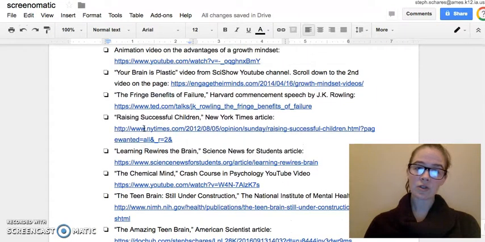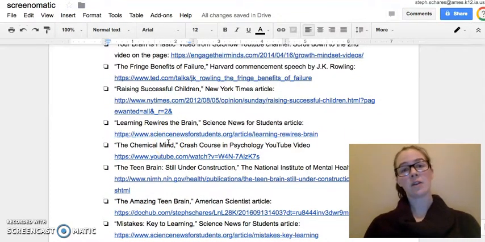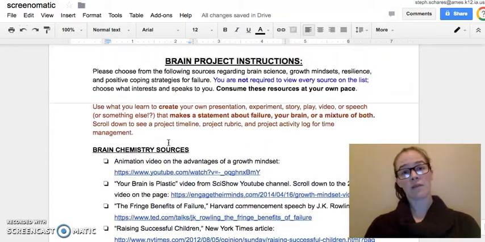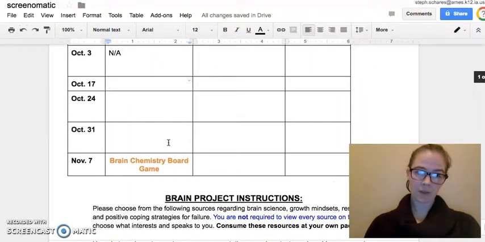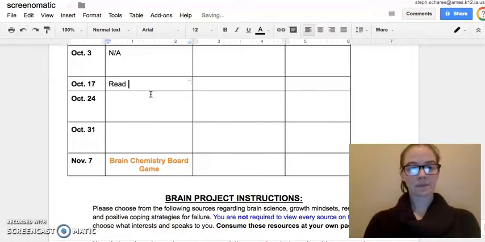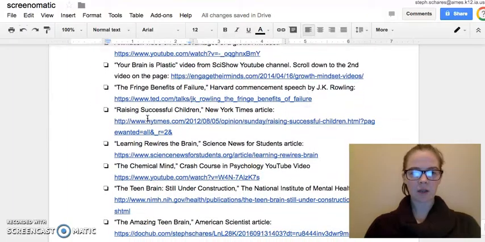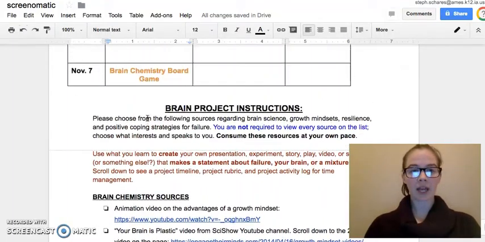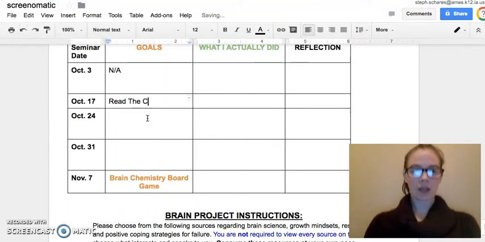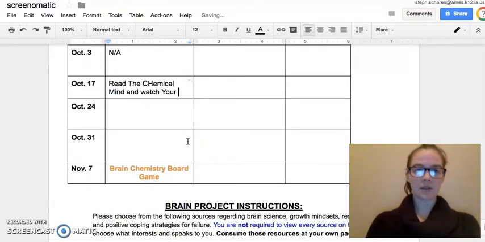I'm going to choose Your Brain is Plastic and The Chemical Mind because I know they'll have plenty of science-related information for my board game. So I'm going to type in here, read 2 articles, the 2 articles being, well actually I'm going to read The Chemical Mind and watch Your Brain is Plastic.